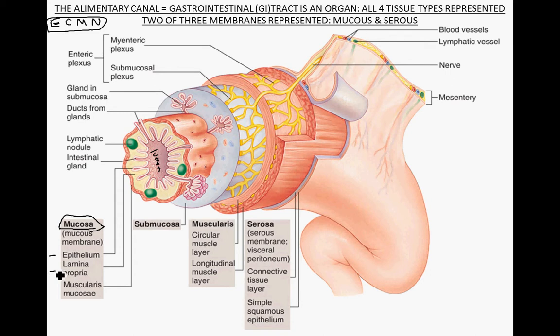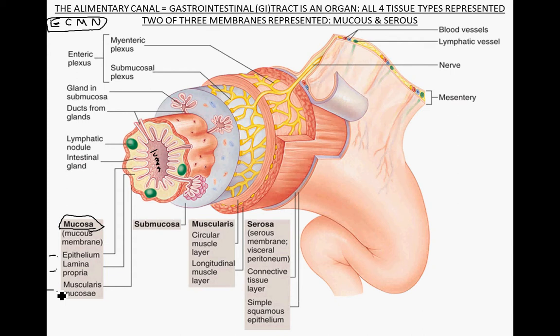And then in the alimentary canal, there's this extra muscularis layer, a smooth muscle layer. So going from the lumen out, the epithelium, the lamina propria, and the muscle layer make up the mucosa.